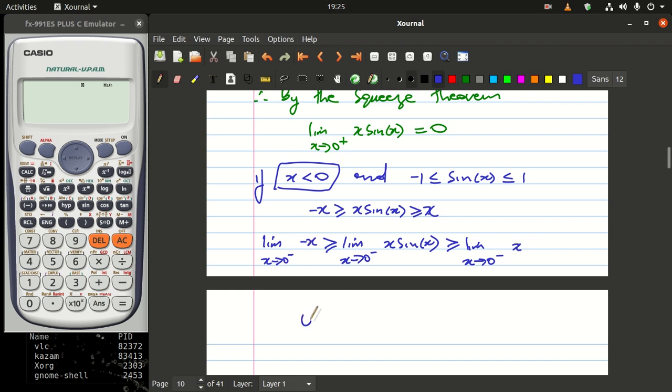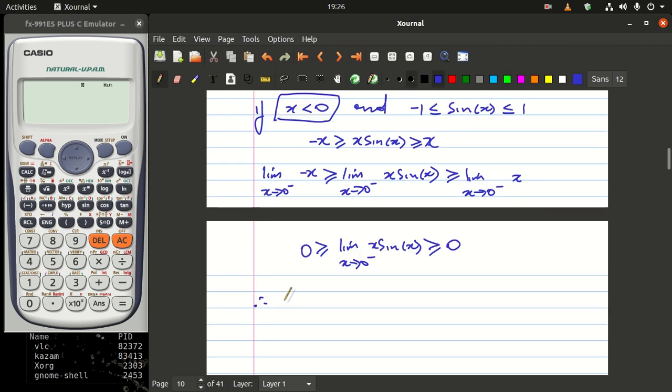Plugging in here, I get 0. 0 is greater than or equal to the limit as x approaches 0 on the left of x times sine of x, and this must be greater than or equal to, plugging in 0 here, 0. So you can see this. Therefore, by the squeeze theorem, the limit as x approaches 0 on the left of x times sine of x is equal to 0, because the number between 0 and 0 is just 0.